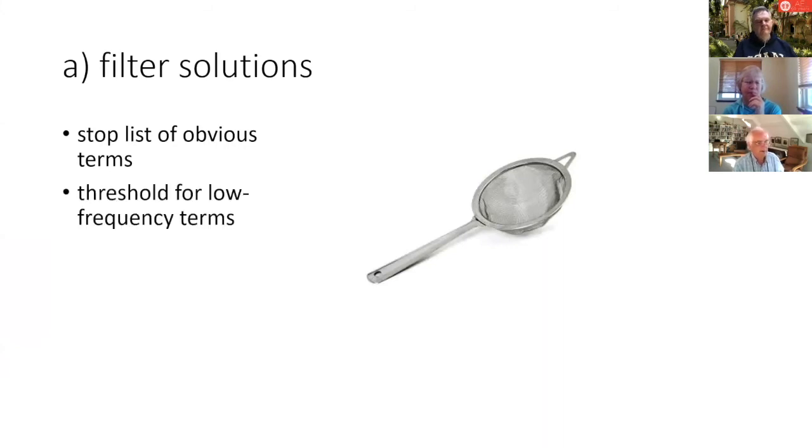Another idea is to have a threshold for low frequency terms. So if some of the terms occur too infrequently, I might need to be able to filter them out. And another one might be to have a required number of peaks. So that's the first set of ideas, something to do with finding ways of filtering.